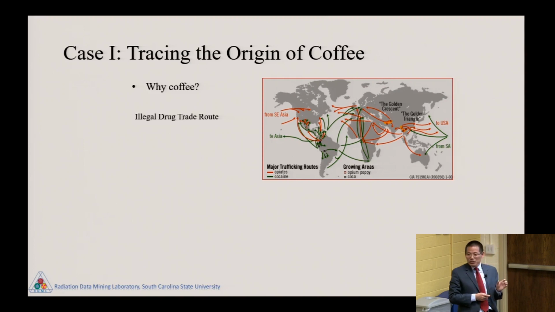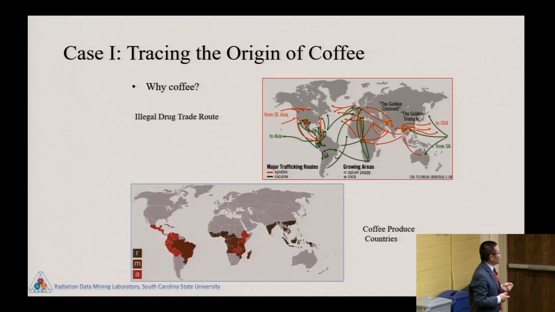This is actually a DoD project. They want to find out where the drugs come from. So we want to test drugs, like heroin, but the FDA is against it. You cannot use drugs on campus. So what do we do? We use coffee as a surrogate to study the drugs.